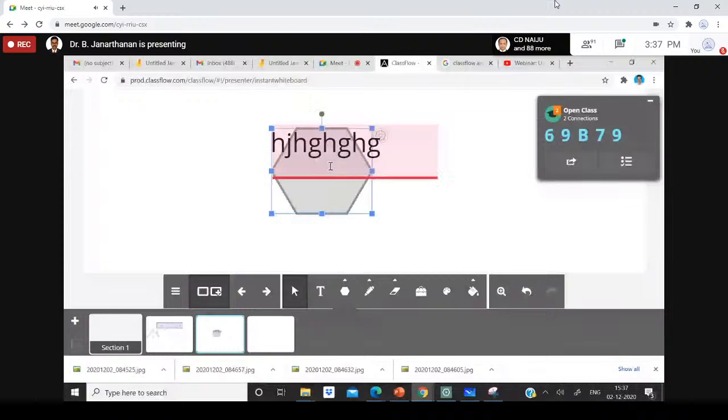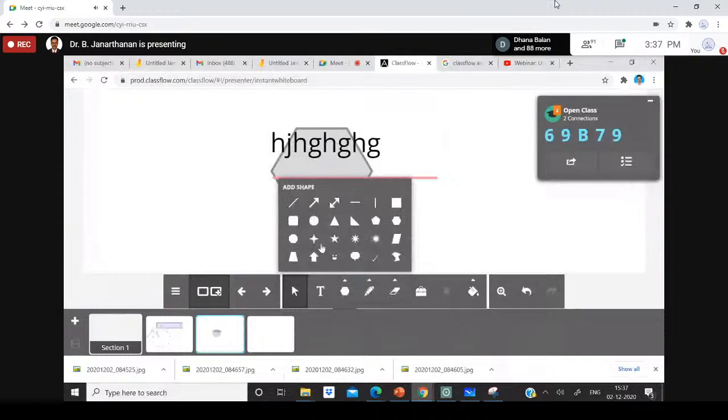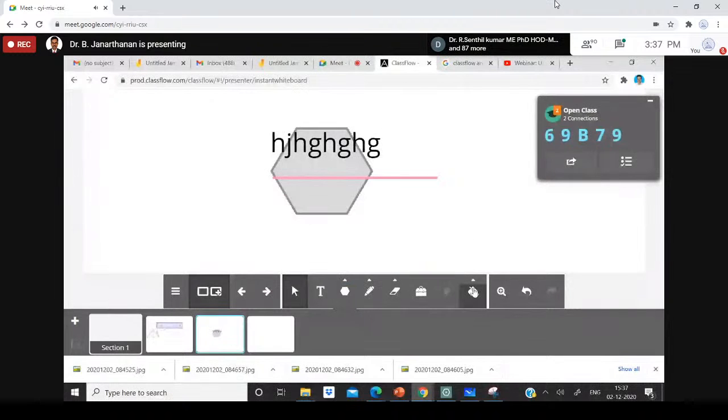There are many shapes available: hexagon, pentagon, whatever we need for engineering drawing, circle. We may use only up to hexagon, but even octagon is available, and square, all these things are available in this. Then you can use this fill screen for making different backgrounds.